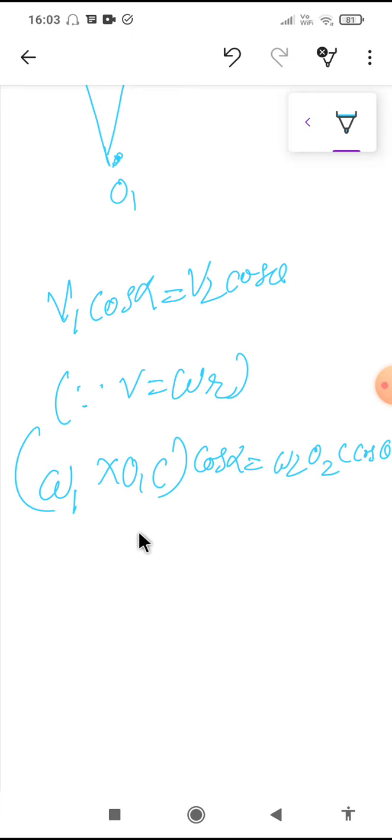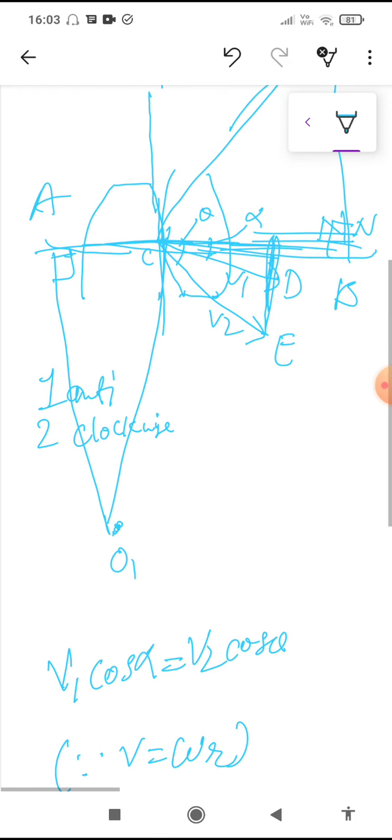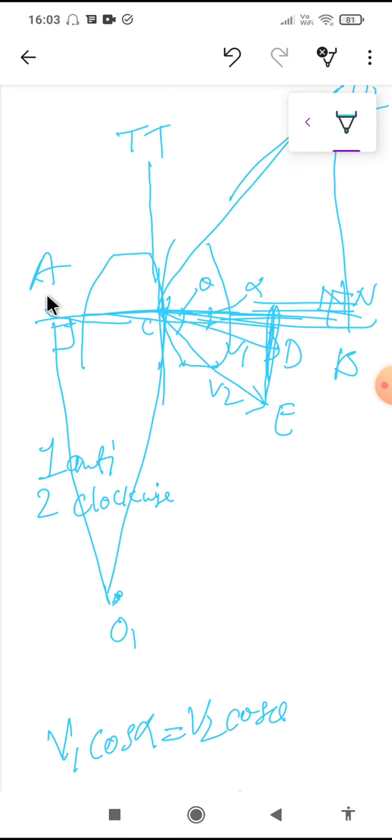But from the triangle O1AC, from this triangle, we know that cos alpha is equal to, what will be the value of cos alpha here? This angle will be alpha, so cos alpha will be equal to O1A upon O1C.